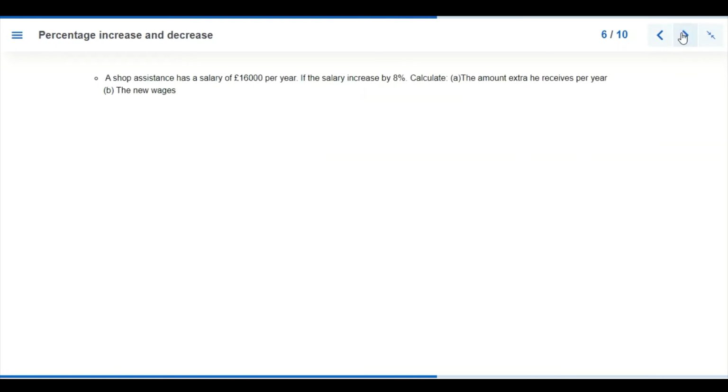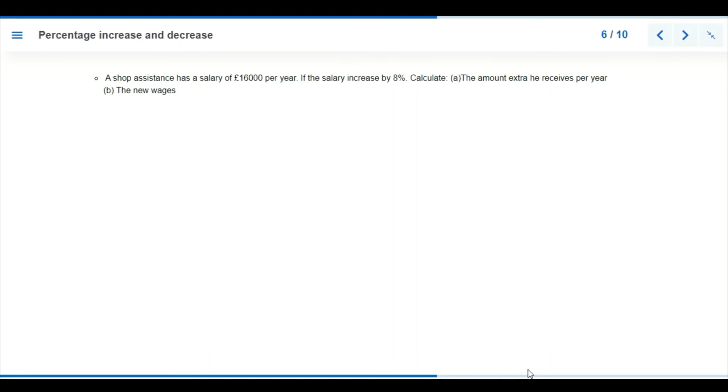Now let's look at this. This is another example we are going to be solving together. A shop assistant has a salary of 16,000 euro per year. If the salary increased by 8%, firstly, we have to calculate the amount extra he received per year and the new wages. So let's see how we can go about that.